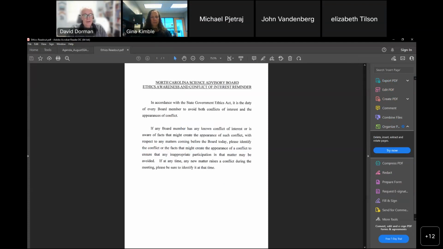In accordance with the State Government Ethics Act, it is the duty of every board member to avoid both conflicts of interest and the appearance of conflict. If any board member has any known conflict of interest or is aware of facts that might create the appearance of such conflict with respect to any matters coming before the board today, please identify the conflict or the facts that might create the appearance of a conflict to ensure that any inappropriate participation in the matter may be avoided.